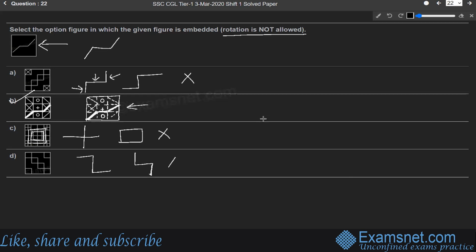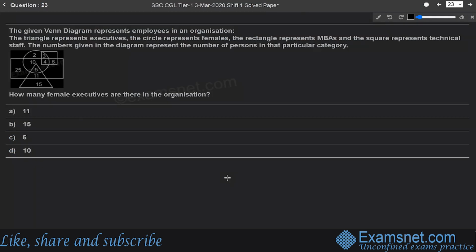So it is also a wrong option. So for this question, the correct option is option B here. All you have to do in this type of question is you have to identify the figure in the given pictures.